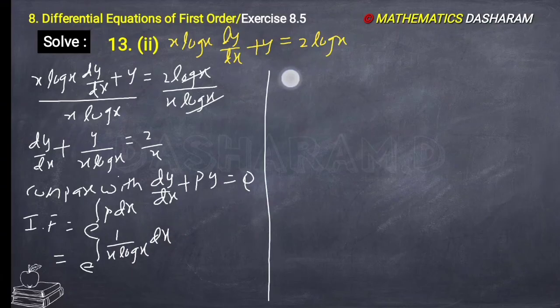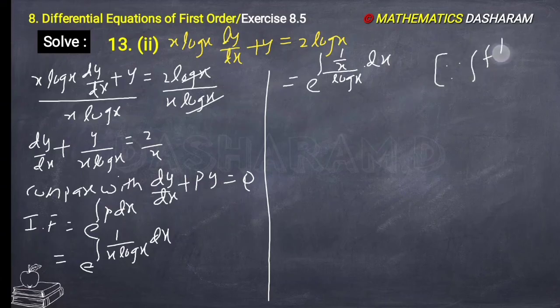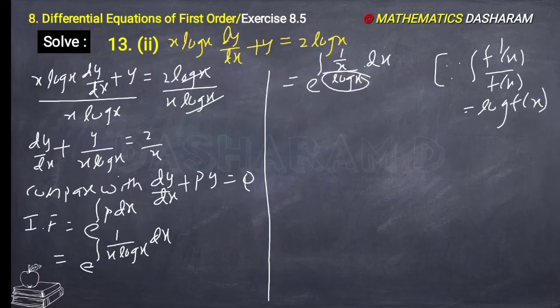So it is equal to e to the power of integration 1 by x log x dx. So here the important formula is integration of f dash x divided by f of x equals log f of x. Okay, so this is f of x and its derivative is 1 by x.